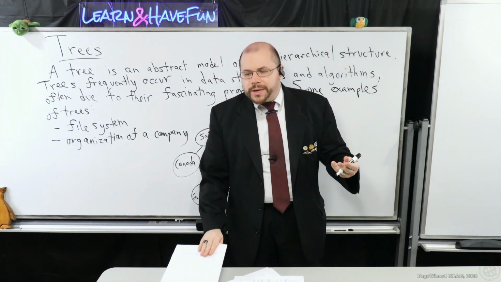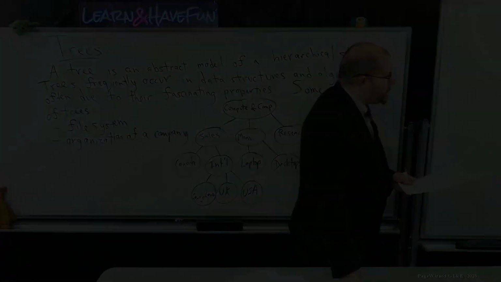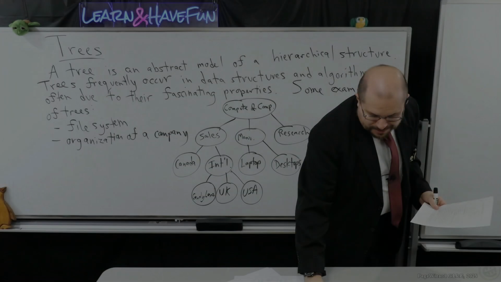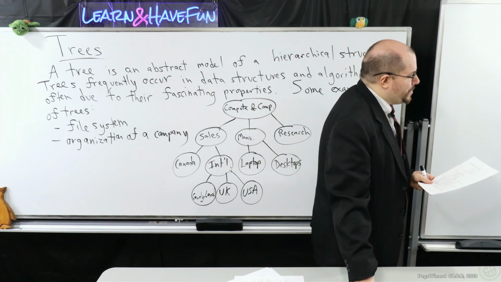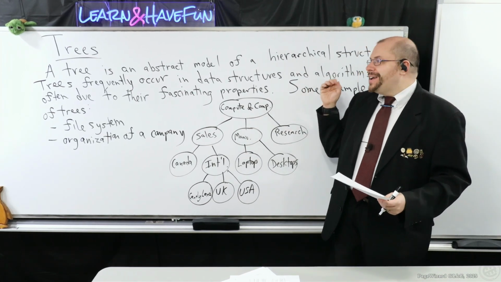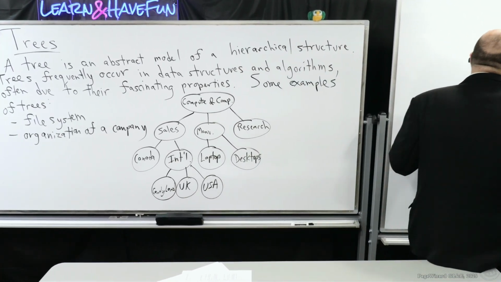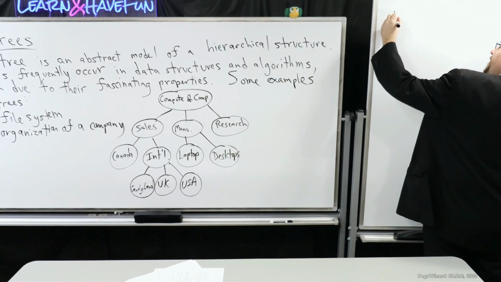I need to give you some tree terminology so that we understand what we're talking about here, because it's really important. So it's really important that we have some discussion about how we're going to talk about these trees. So we're going to talk about some tree terminology.